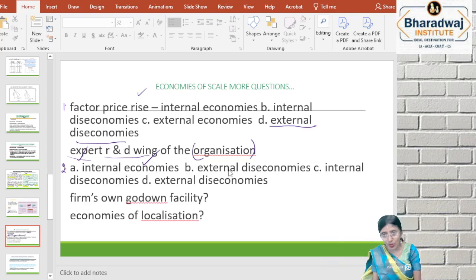But is it in the control of the firm? No. In the factor market, there is a pressure on factor inputs. Everybody is demanding coal, raw materials, minerals. Naturally, prices go up. It's not in the hands of any one organization, so we call it an external diseconomy. Are you clear? You have to reason out and answer this.